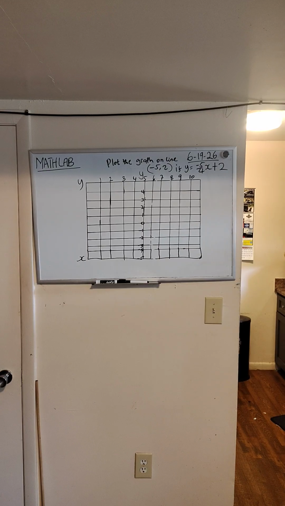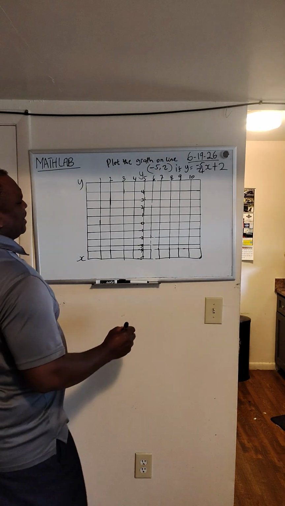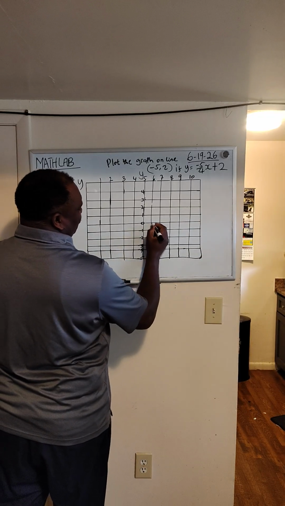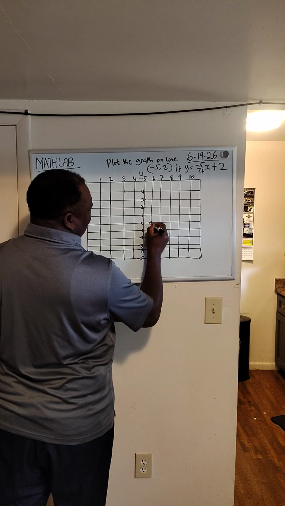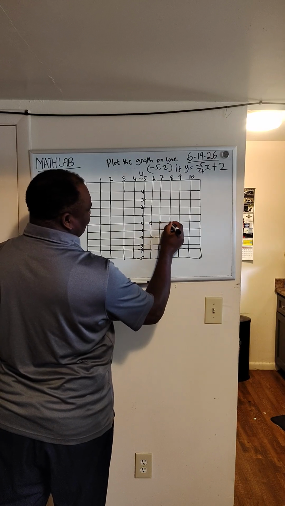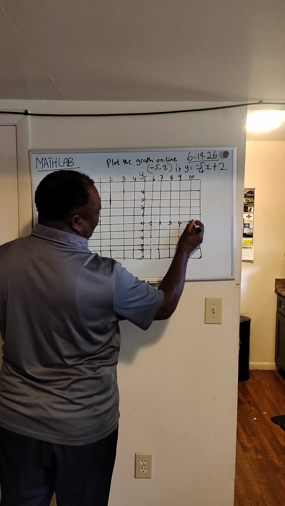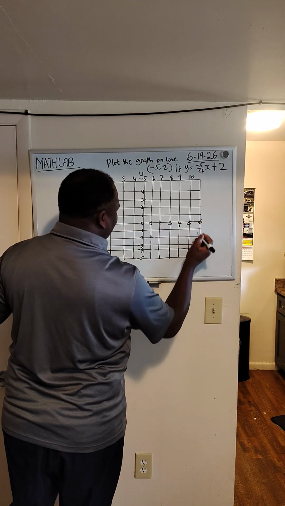Another thing that we need to identify is that when the line goes this way, we start from the 0 point. So right here is positive 1, 2, 3, 4, 5, 6.